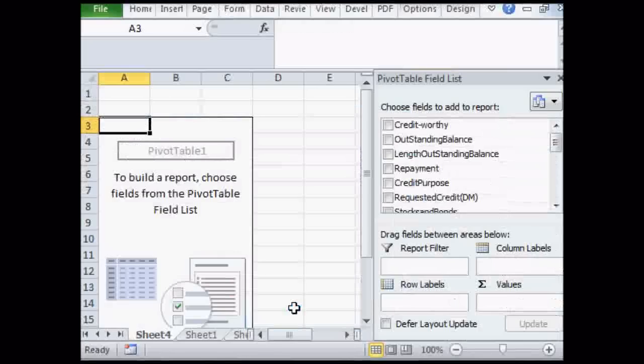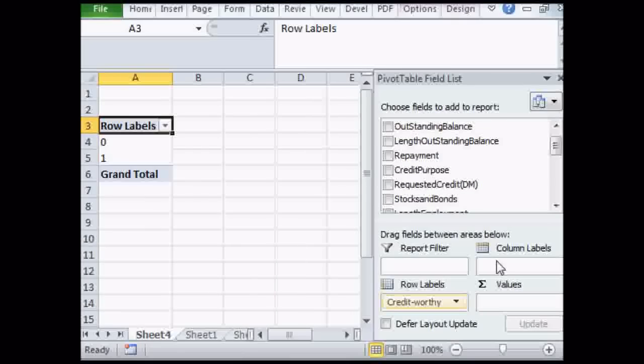You get this dialog box with lots of choices. So we want credit worthiness to be in the row. That's how we had it in SPSS. And then we had stocks and bonds.